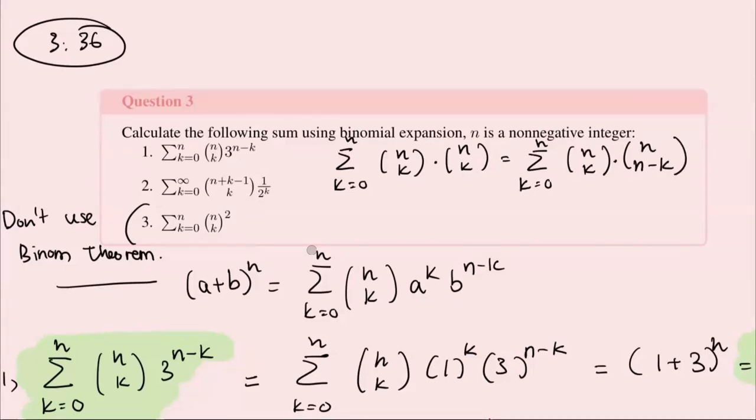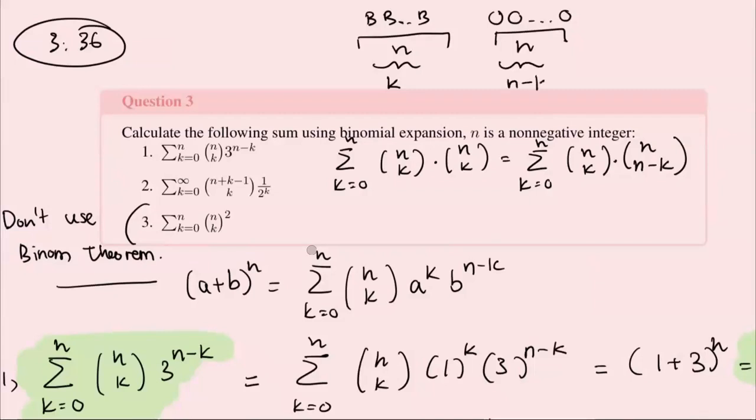And then this is the same process as, let's say, I have n black cats, and then I choose k. I choose k cats from n black cats. And then I have another n orange cats. And I want to choose n minus k cats from the orange ones.